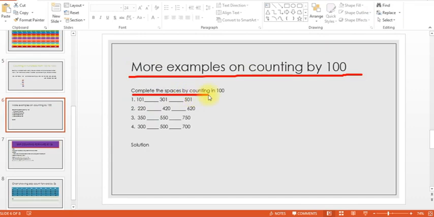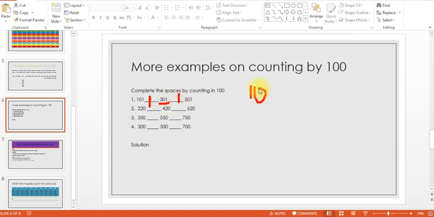So complete the spaces by counting in 100. So this is 101. Now to be the answer for this side, because we are adding only 100 to this, then we come to this side, we add 100 to this one too. So 101 plus 100. Okay, you get it?